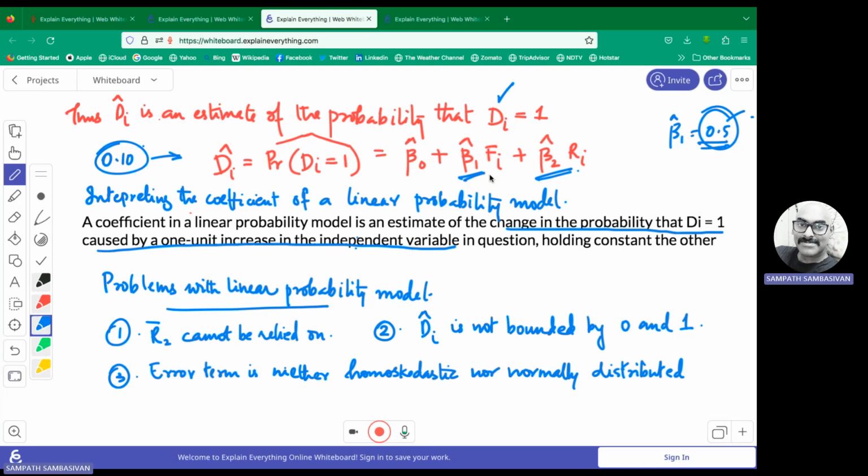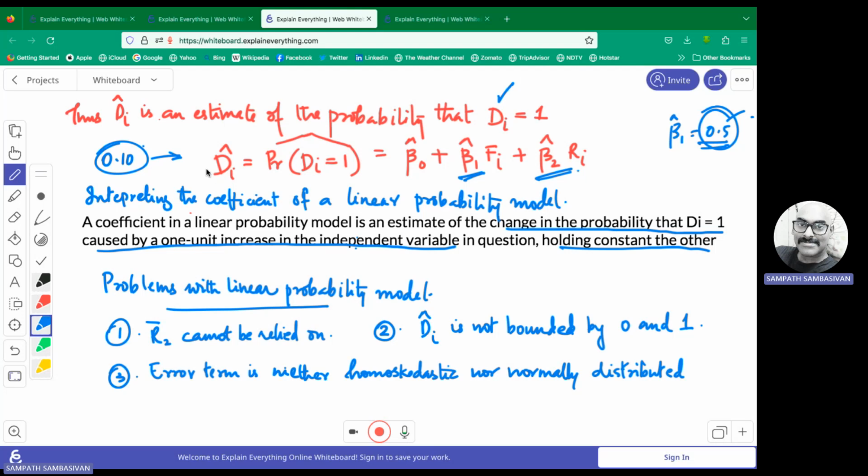For example, if FI is increasing by, let's say, 1%, because it is the percentage of females within the state's population, what change would happen to the probability of DI? That's basically what is captured by this coefficient beta 1 hat. It goes without saying that the other independent variable is held constant.